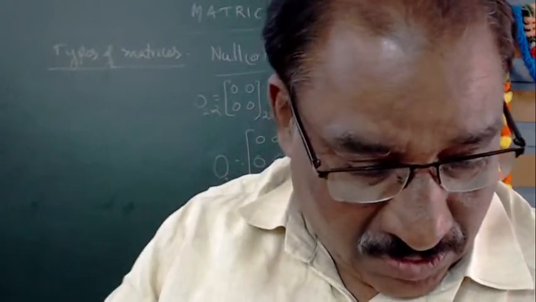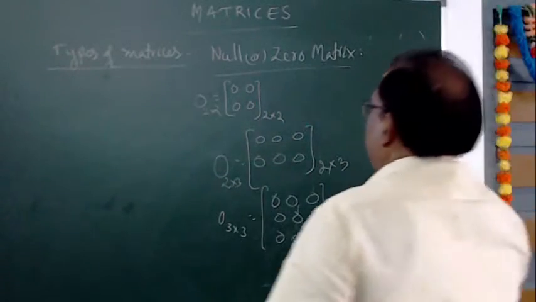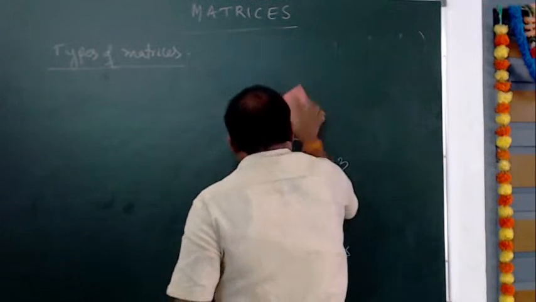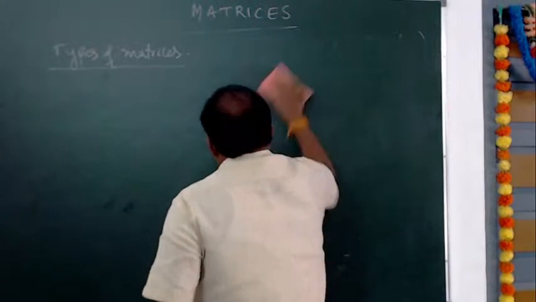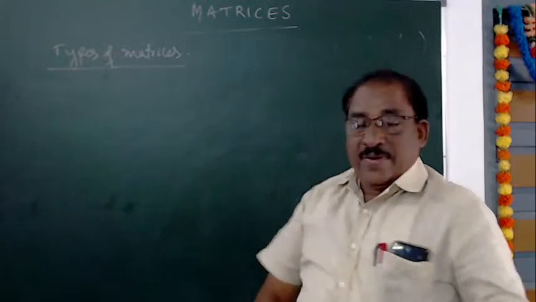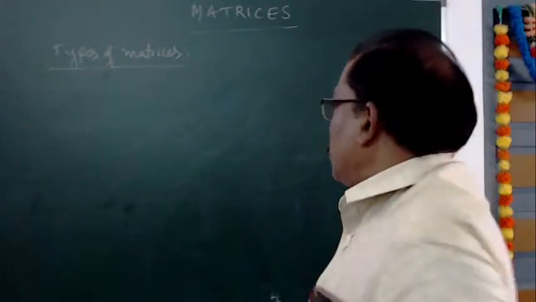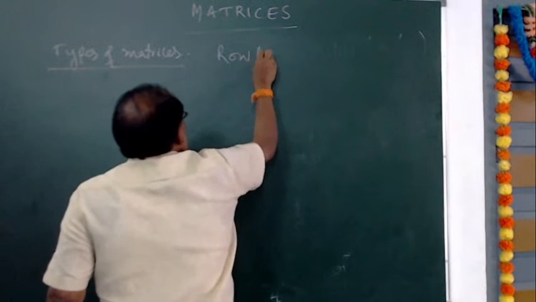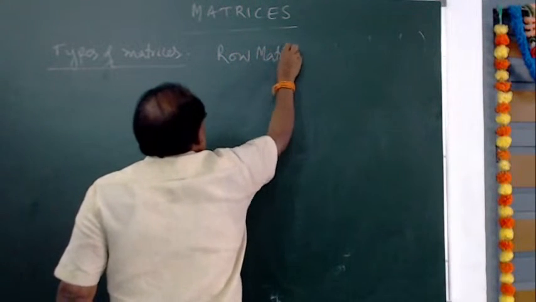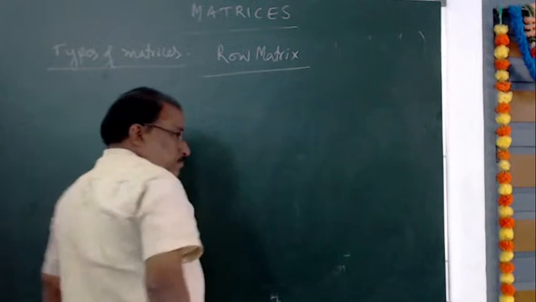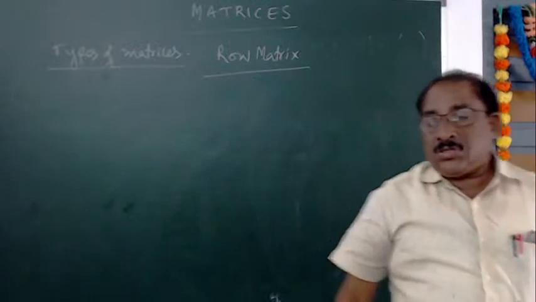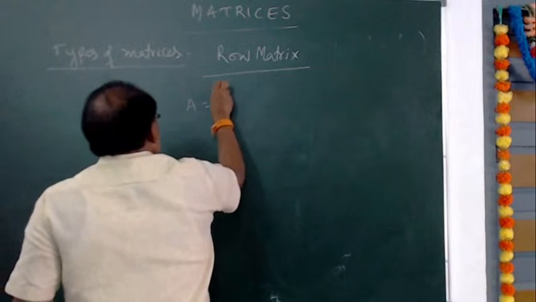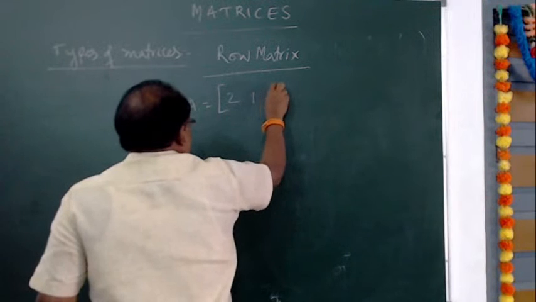Next, row matrix or column matrix. Suppose we take only one row: 2, 1, 7.